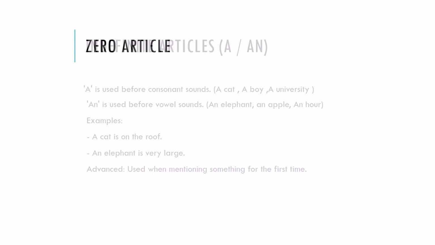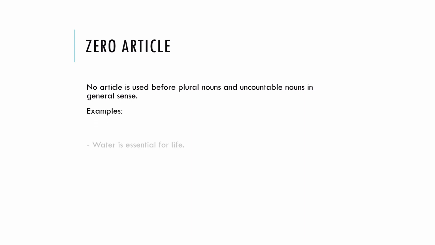Now the next, sometimes we do not use any article. This is called a zero article. We use no article for plural nouns in a general sense. For example, children love games. Water is essential for life. Children love games: here children is a plural noun.